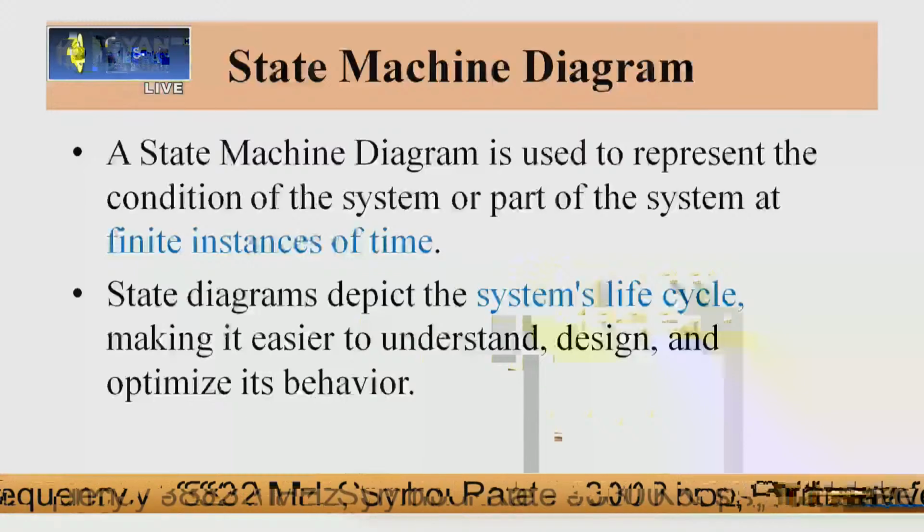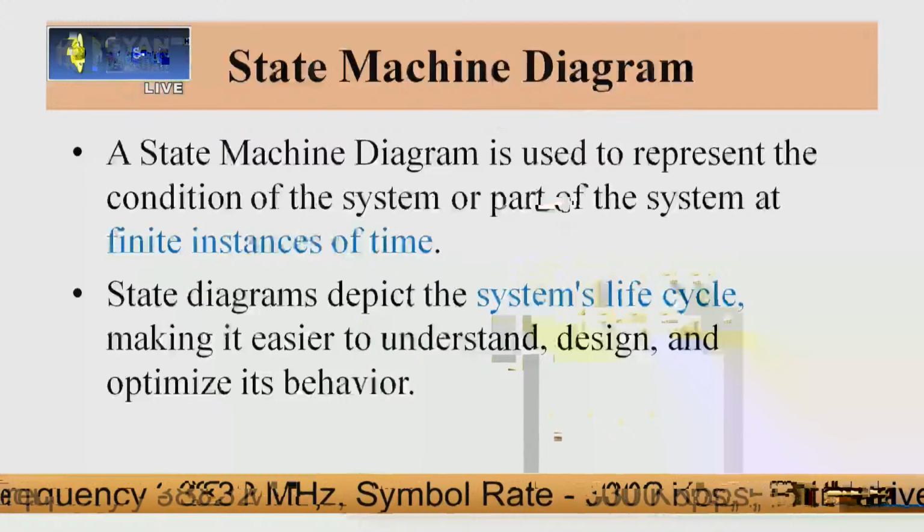Now one question may arise: why are we studying the state machine diagram, and if we make one, what advantage will we get? First of all, we will get a visual representation of how the participating objects are reacting to different events, and the kind of actions being taken on that basis.